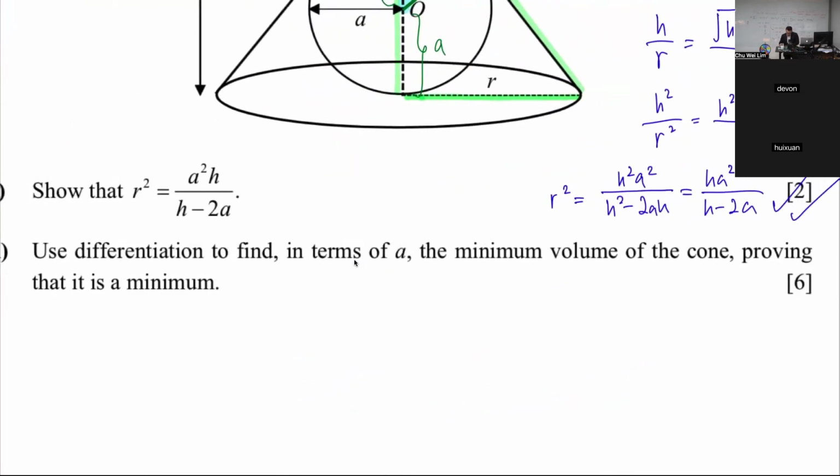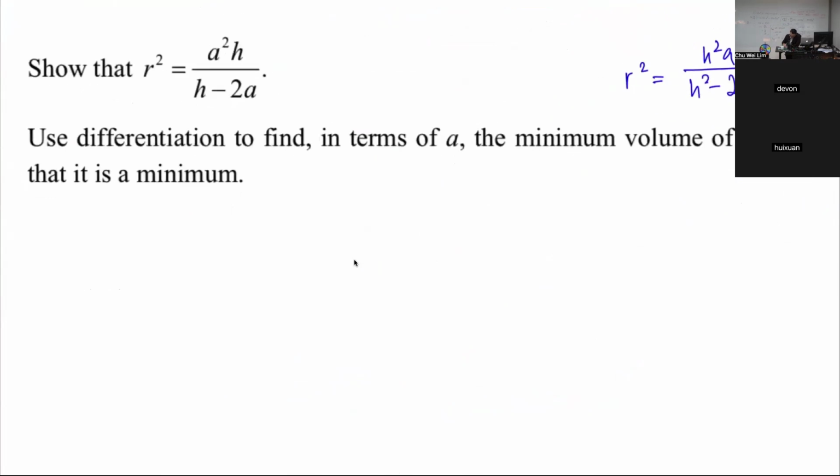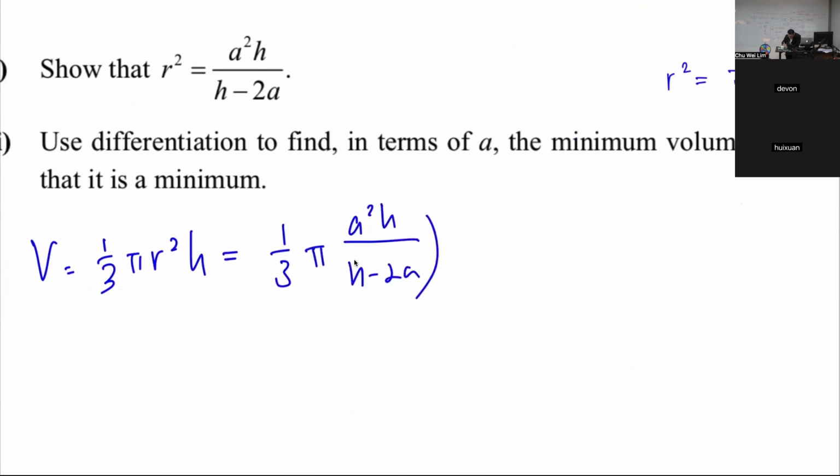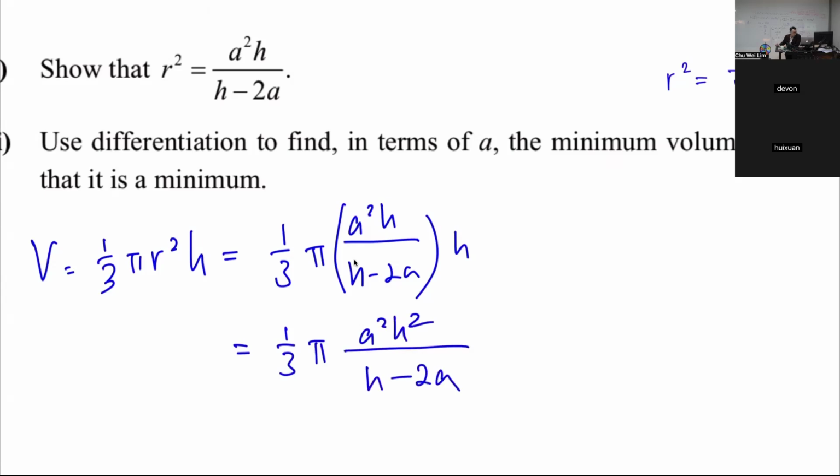We use differentiation, find a minimum volume of the cone. Okay, so volume 1/3 pi r square h, right? Then r square is a square h over h minus 2a, right? Times h here, right? So you have 1 over 3 pi a square h square over h minus 2a, right?